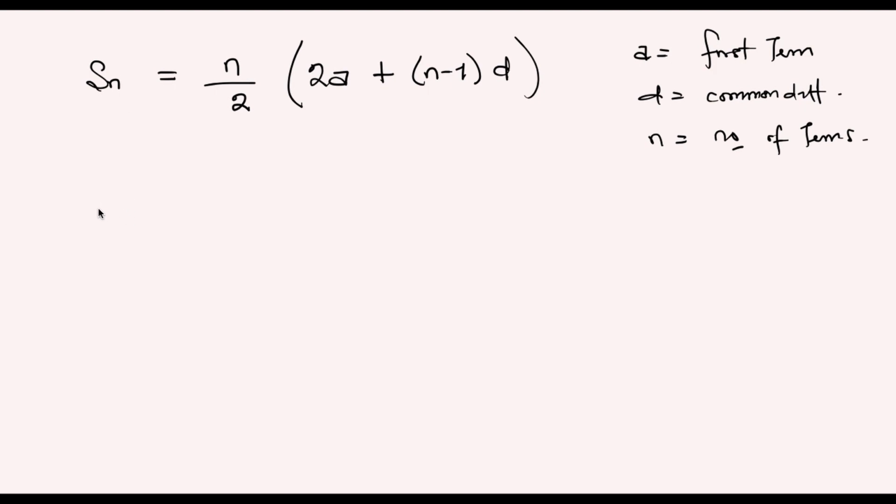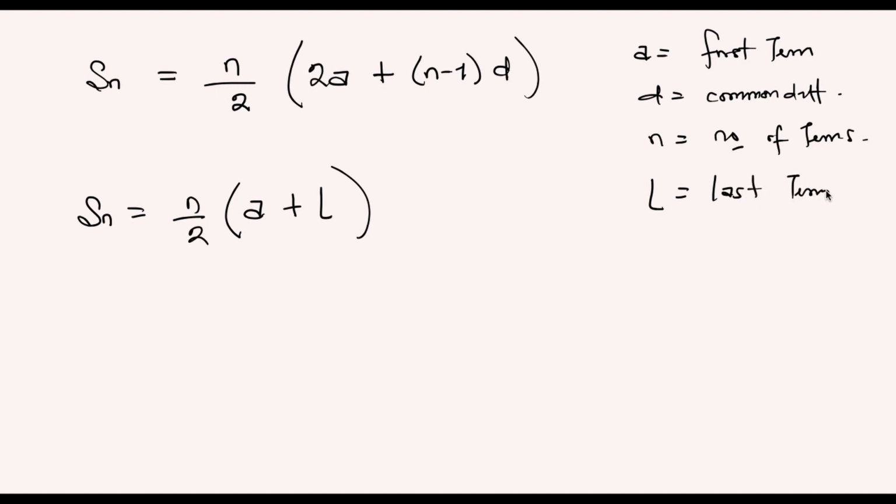But we also have a second formula, which is S_n is equal to n over 2 multiplied by (a plus l), where l here is the last term in our arithmetic progression. We use our first formula when we only know the first term and the common difference, and we use our second formula when we know the first term and the last term of our sequence.